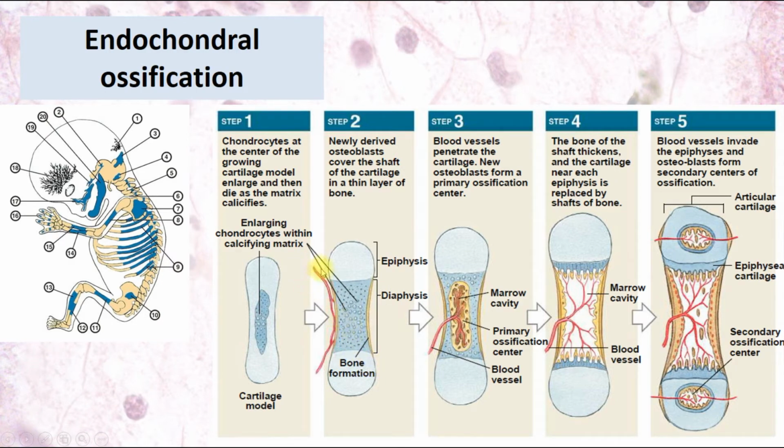And then blood vessels are growing here, and first of all they bring osteogenic cells, and osteogenic cells surround the diaphysis of the bone, and first of all bone develops near the diaphysis. It surrounds the cartilaginous bone. So it's ossification of the diaphysis, the superficial layer of the diaphysis. And after this, blood vessels are growing inside the cartilage.